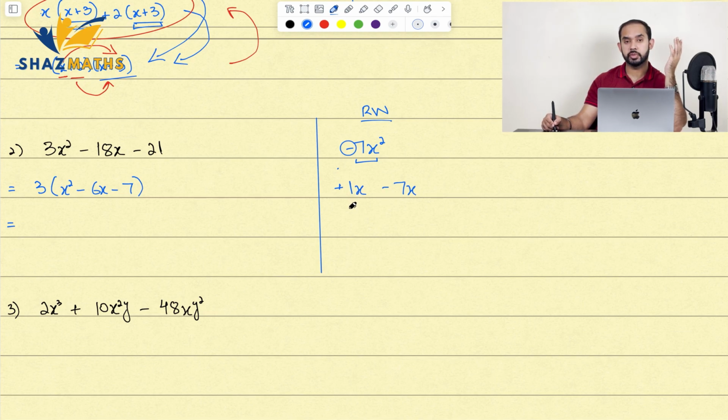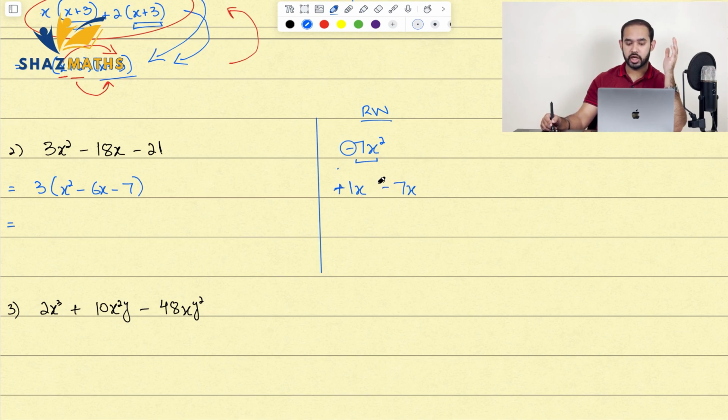Now how would you determine which term should contain positive and which term should contain the negative sign? It will always be dependent again on the middle term. The middle term has negative sign. That means the bigger term should contain the negative sign. Okay, so that means the other term will contain the positive sign. So these 2 are the correct factors.